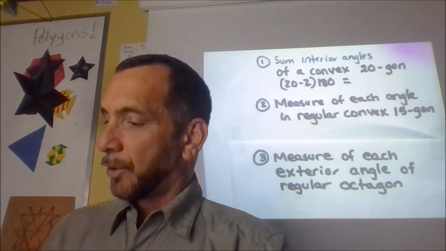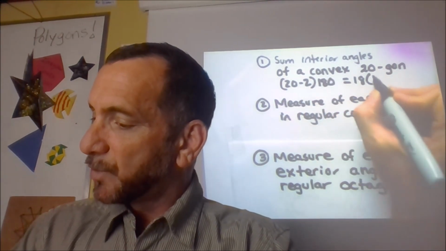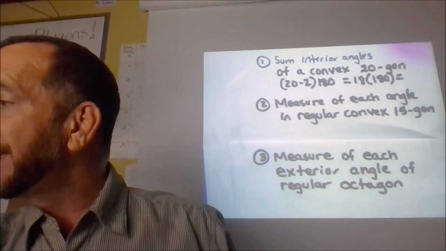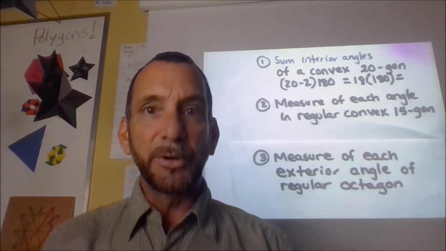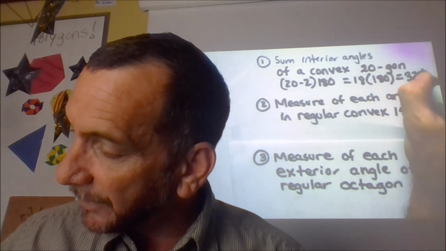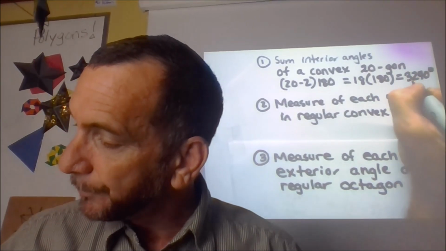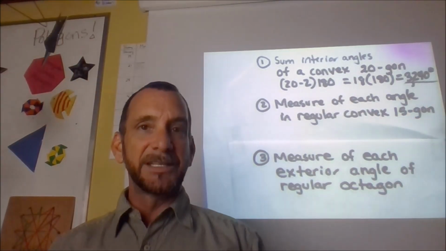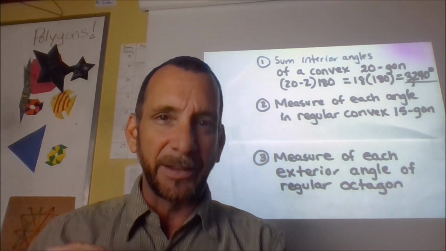And what does that equal? 18 times 180. I'm so glad I brought my calculator today because I know that answer is 3,240 degrees. It's a lot. That's how much all of the interior angles of a 20-sided polygon add up to.